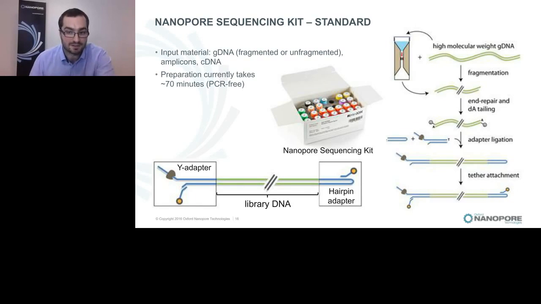It has the motor protein preloaded, which means that as the strands pass through, they go at the right speed. And it also has a region where we hybridize a tethering oligonucleotide. This tether has a hydrophobic group which helps drag all of the molecules in the library down onto the membrane, bringing them much closer in contact to the nanopores. And this increases our sensitivity several thousand-fold.